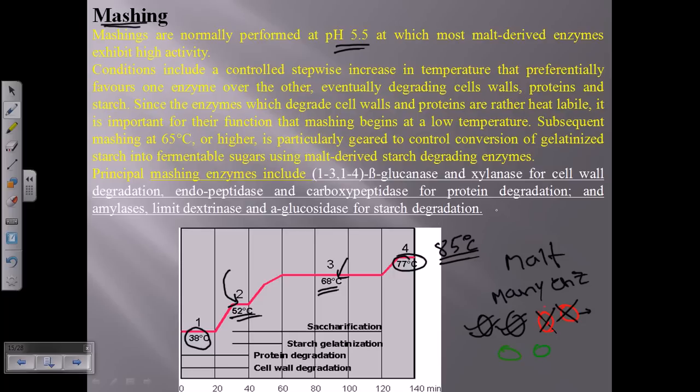The enzymes that are required for this mashing stage, for the degradation of the cell wall, then protein degradation, then starch gelatinization and the saccharification processes, are 1,3 or 1,4 beta glucanase and xylanase for cell wall degradation, endopeptidase for protein degradation, and amylase for starch degradation.